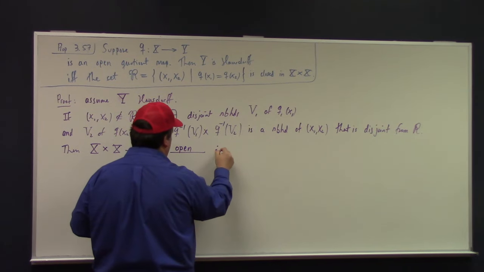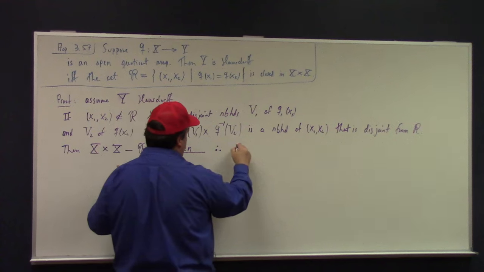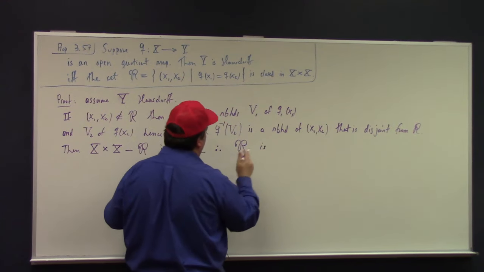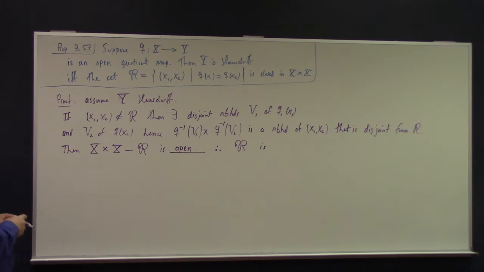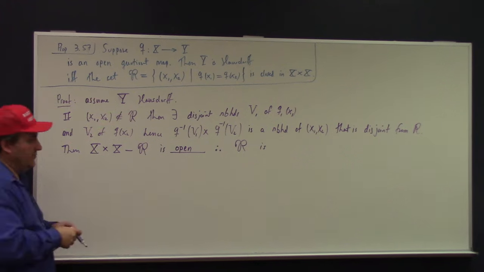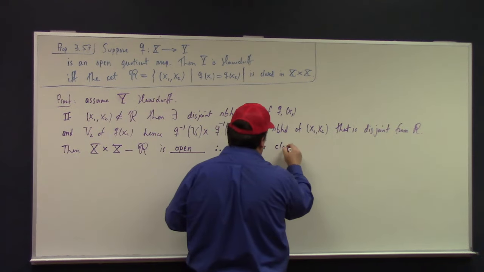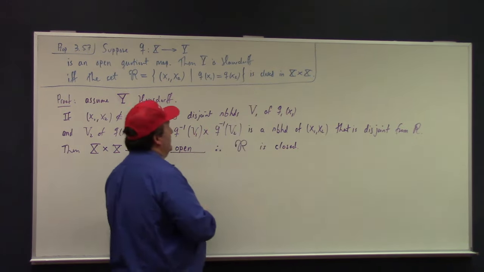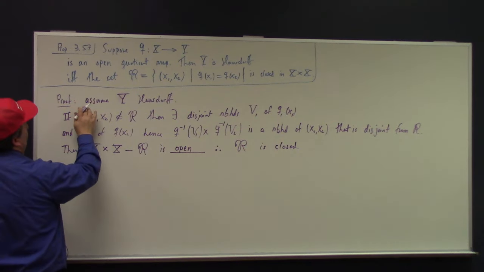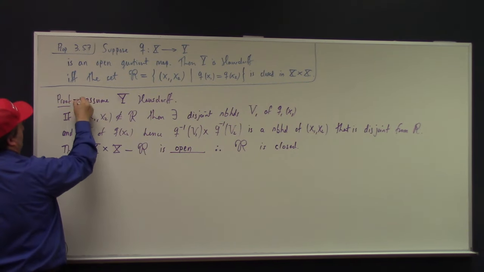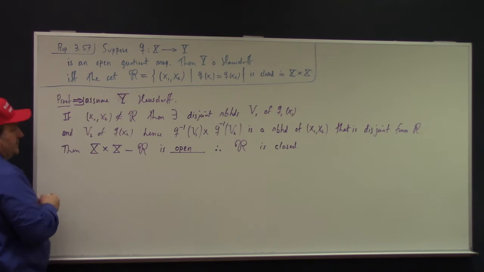Therefore, what can we say about R? It's closed, because if the complement is open, then the set is closed. That is the forward part of the proof.